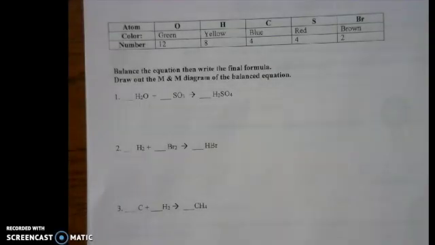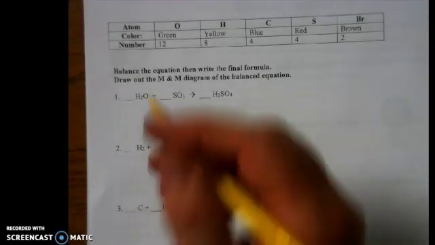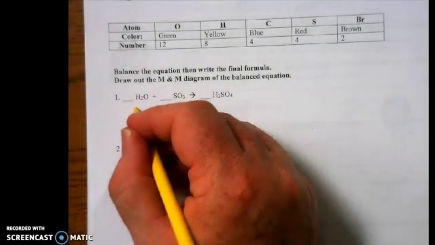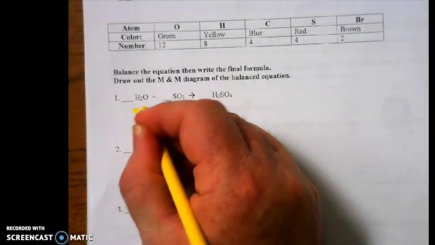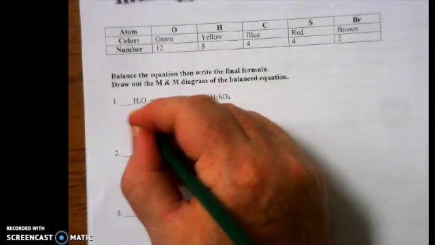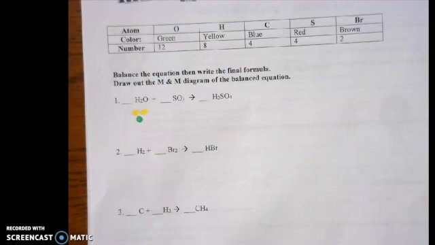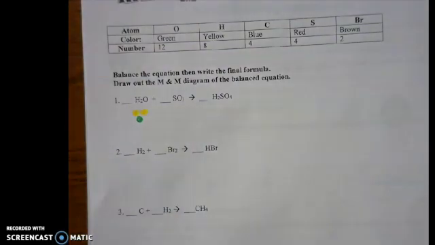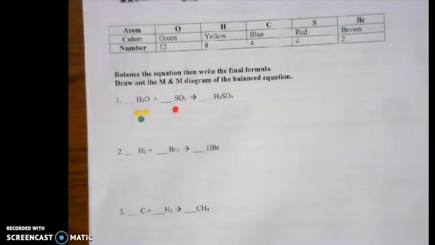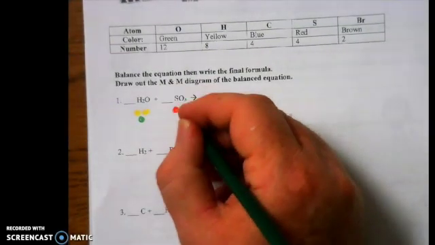So, continuing with balancing chemical equations, we have water. So we got 2 hydrogens and 1 oxygen. And then SO3 is 1 sulfur atom and 3 oxygens.